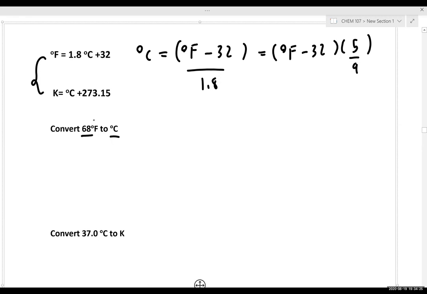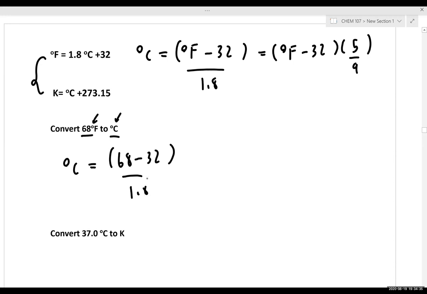So if we're converting 68 degrees Fahrenheit to Celsius, we're solving for Celsius. So we plug in 68 minus 32 over 1.8. And if we punch that into our calculator, that in turn gives us 20 degrees Celsius.